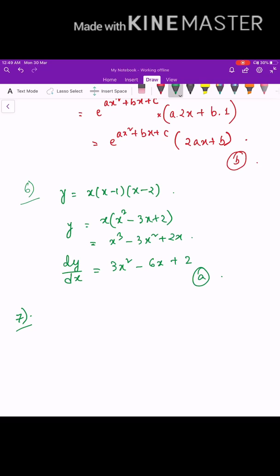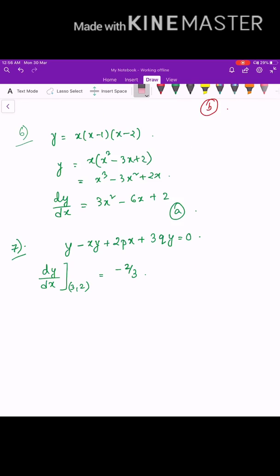Question number 7. The gradient of the curve. Okay, the curve is given: y minus xy plus 2px plus 3qy is equal to 0. It is given that the gradient of the curve at the point 3, 2 is minus 2 by 3.